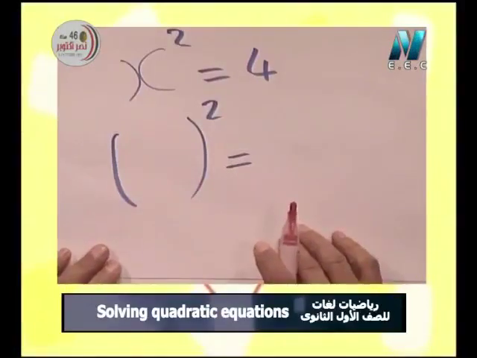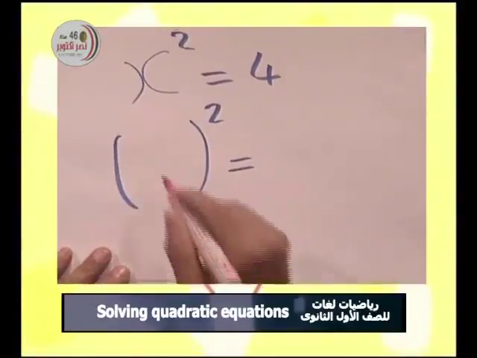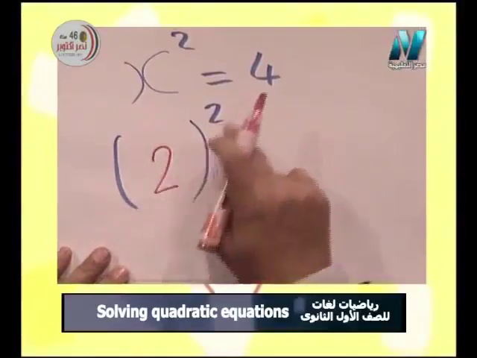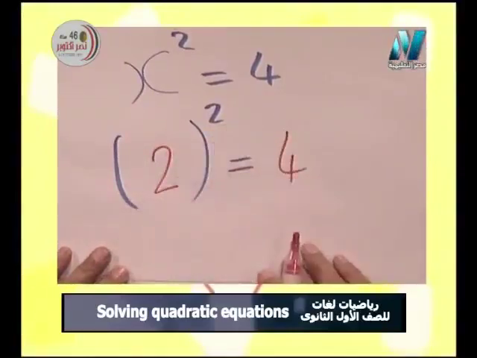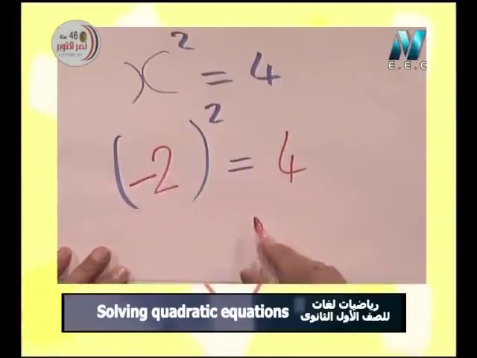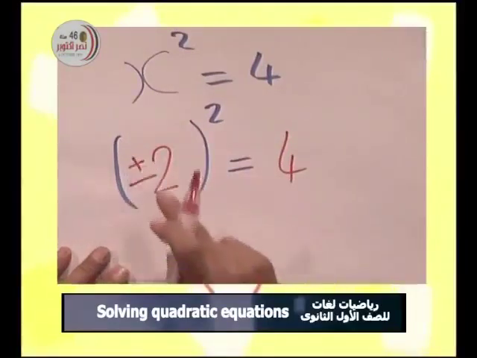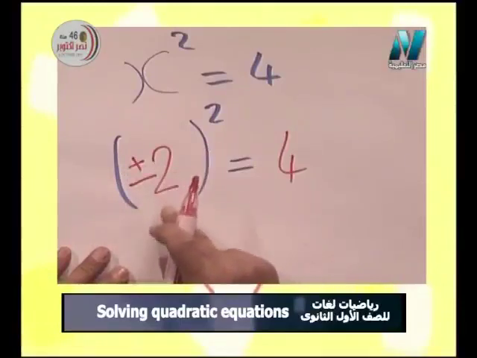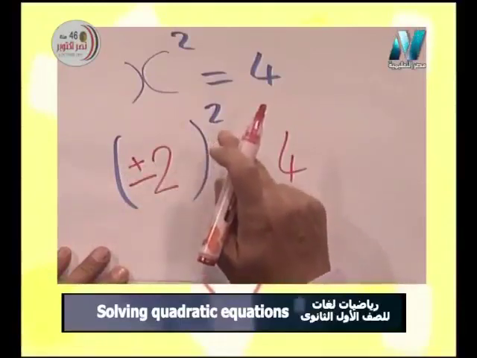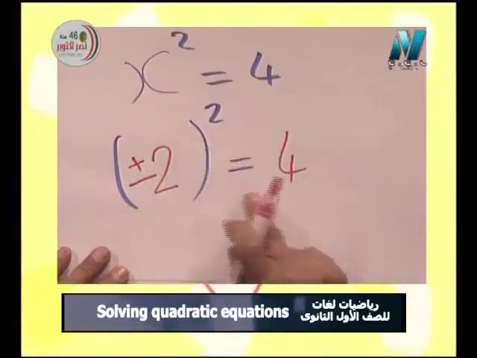Yes, I am hearing you, excellent students. It is 2. 2 power 2 equals 4. And another one says that it's also negative 2. Yes, he is right. It is positive or negative 2. When we square it, it will equal 4.